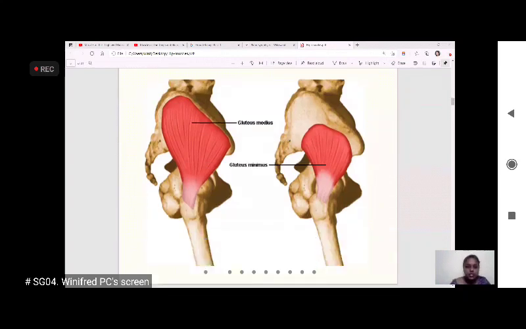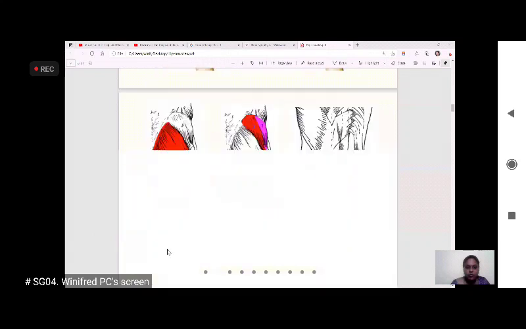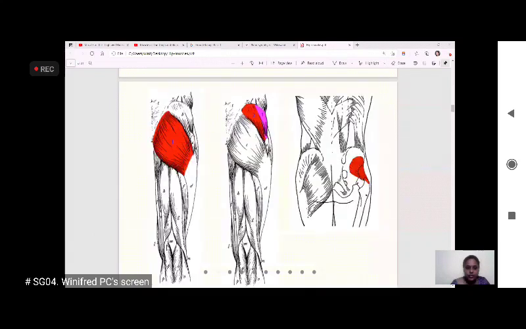So the first layer is gluteus maximus, the second is the gluteus medius, and the innermost is the gluteus minimus. Next slide. You can see gluteus maximus, medius, and then the minimus. Next slide.